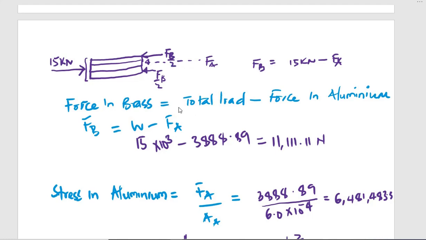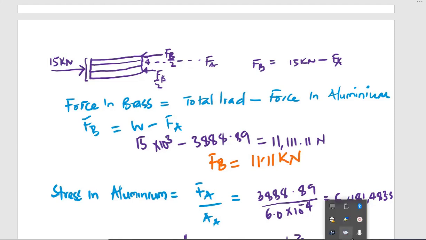Therefore, force in brass is going to be the total load minus the load in aluminium, which would give you 11.11 kilonewtons. Therefore, the load taken up by brass is 11.11 kilonewtons.